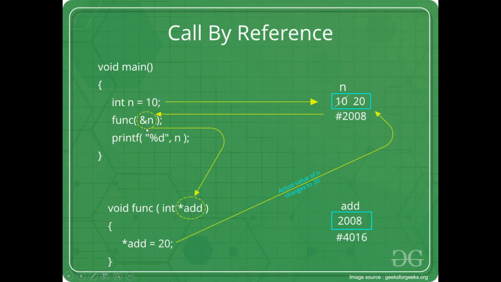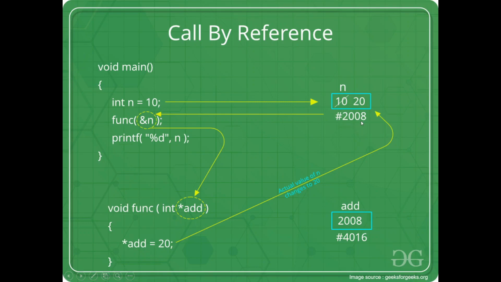Let's see what happens when we call this function. The address of the variable n is passed, and we receive that into this pointer, and then we change the value of this pointer to 20.